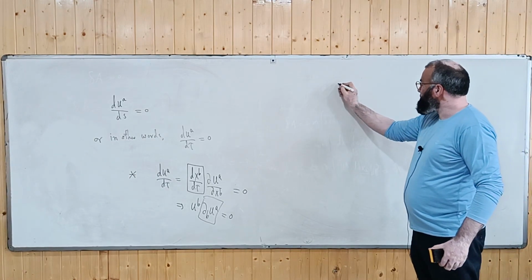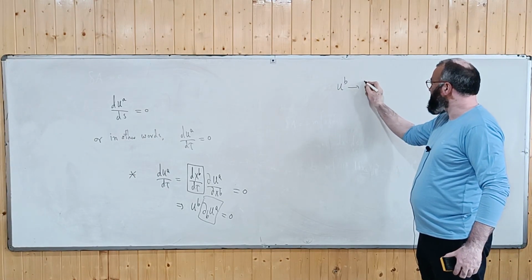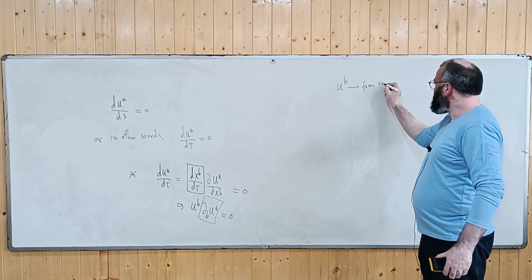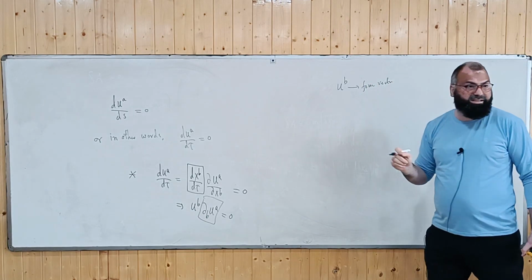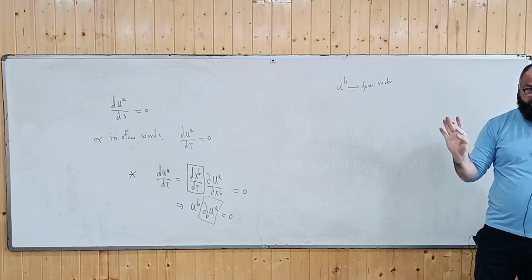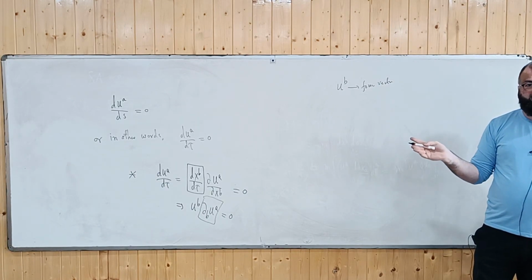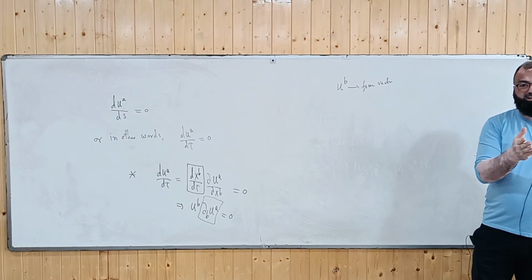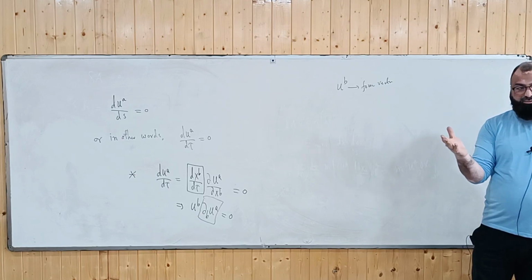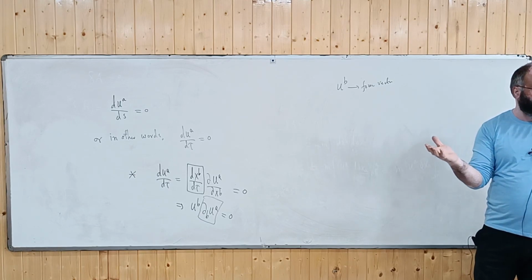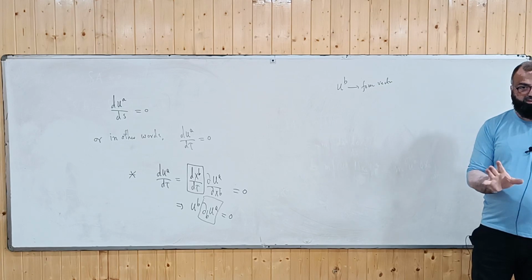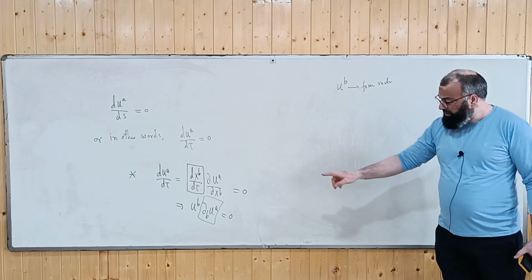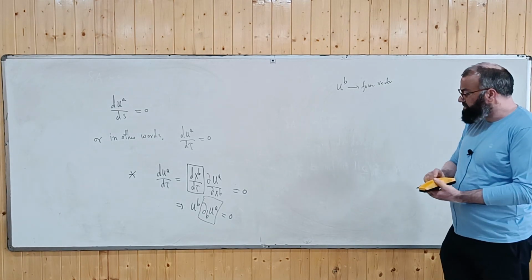So you have this u^b, a 4-vector, because it's a velocity vector. This we have already seen: the tangent vector turns out to be the velocity vector when the particle describes a trajectory. Now let's look at this other object.